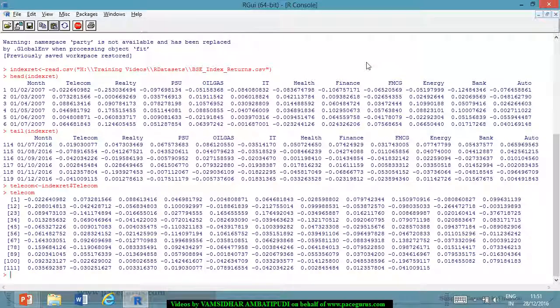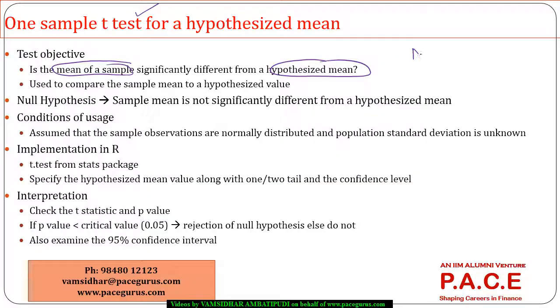So in this, I want to take the monthly return. Is the monthly return on the telecom sector equal to 1%? So the hypothesized mean, I will take it as 0.01.